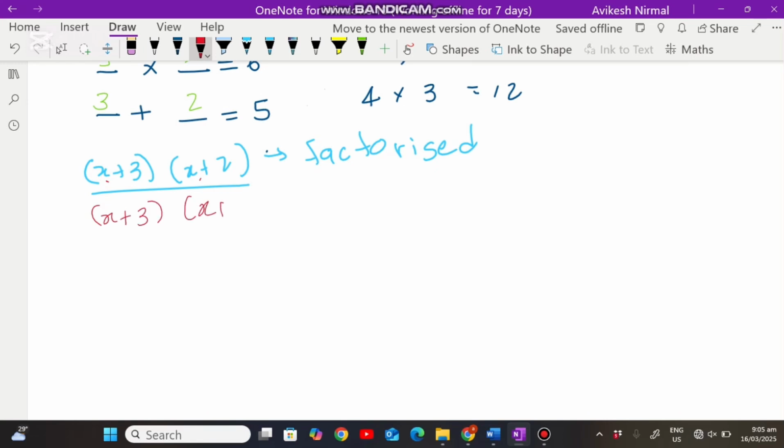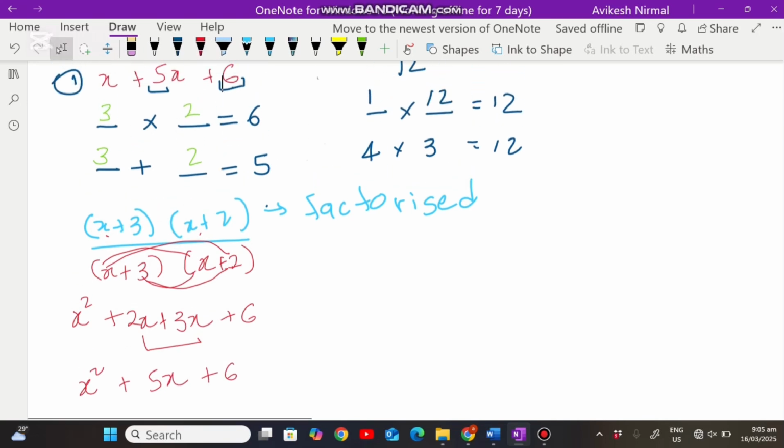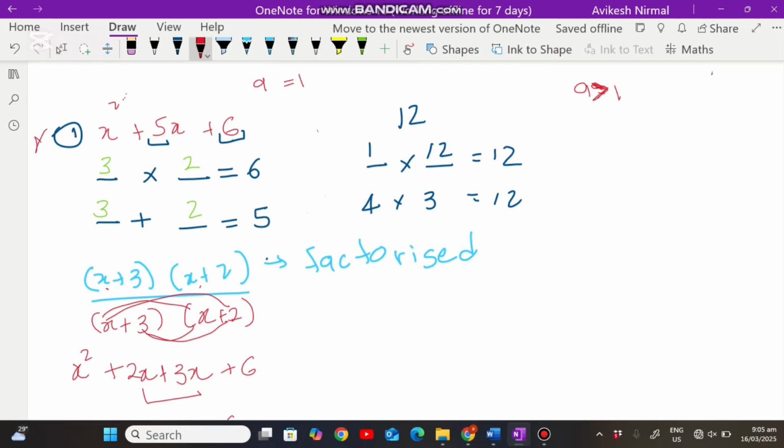Just to give you an idea of what's happening, x times x will give me x squared, plus x times 2 gives me 2x, 3 times x gives me 3x, and 3 times 2 gives me 6. Now notice that these are like terms, so I can add them together. So x squared plus 5x plus 6, and if you look carefully, this is the same expression as I started with.